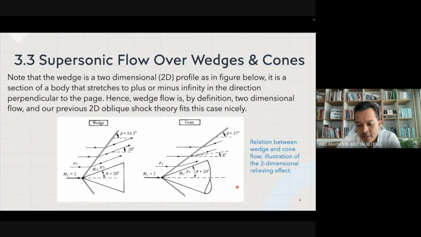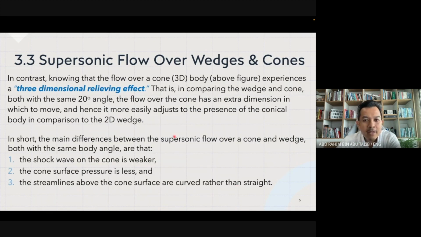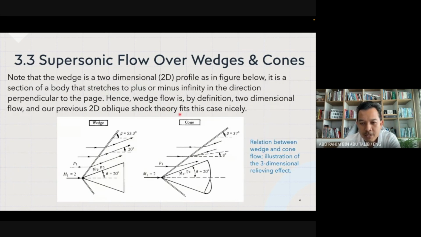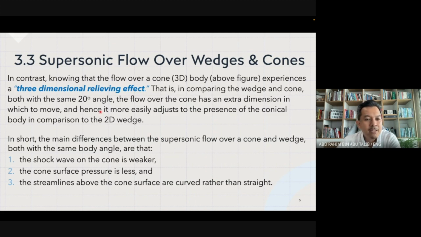Let us read through the remaining text over here. In contrast, referring to the previous figure, we know that the flow over a cone, which is a three-dimensional body, experiences a three-dimensional relieving effect compared to the two-dimensional wedge just now.